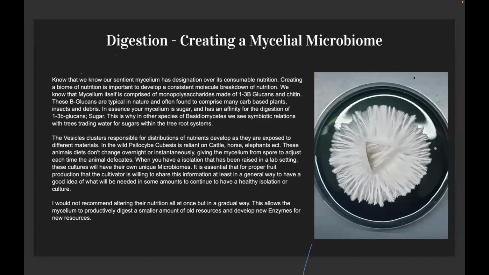We know that the mycelium itself is comprised of polysaccharides made of 1,3 beta glucans and chitin. The beta glucans are typical in nature and often found comprised in many carb-based plants, right? So insects, debris, this is what we find our mycelium eating in the wild. So in essence, your mycelium is sugar, and it has an affinity in digestion of 1,3 beta glucans, sugar. So they're carbs, right?